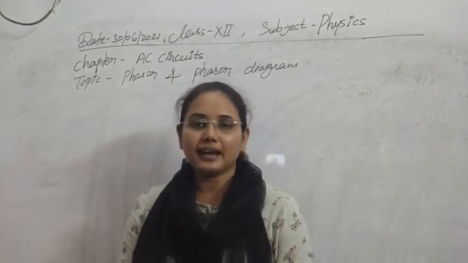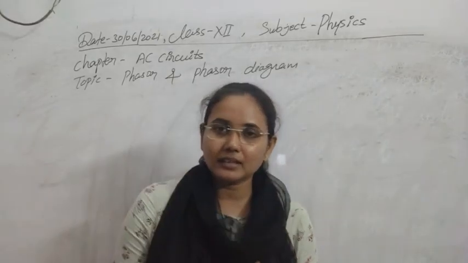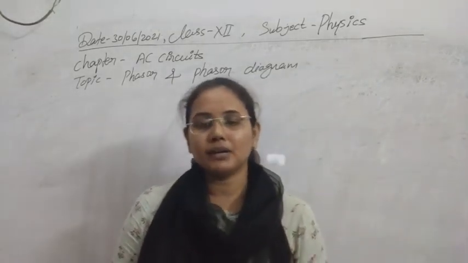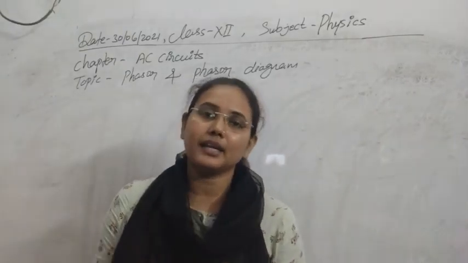Such conditions we can represent simply by a vector. So the phasor diagram is the vector representation of the alternating EMF and current.